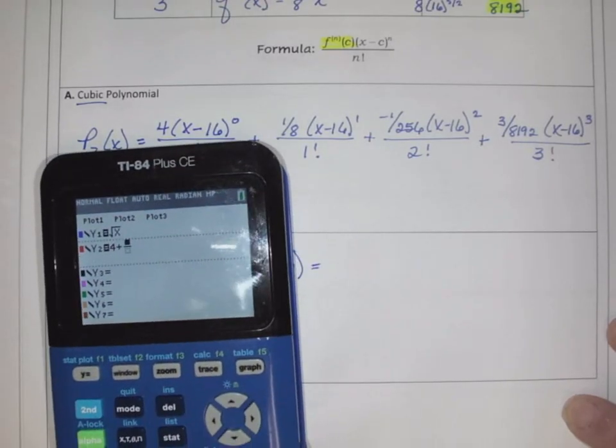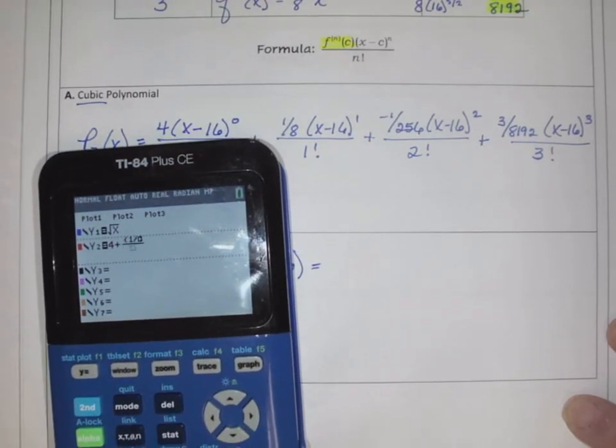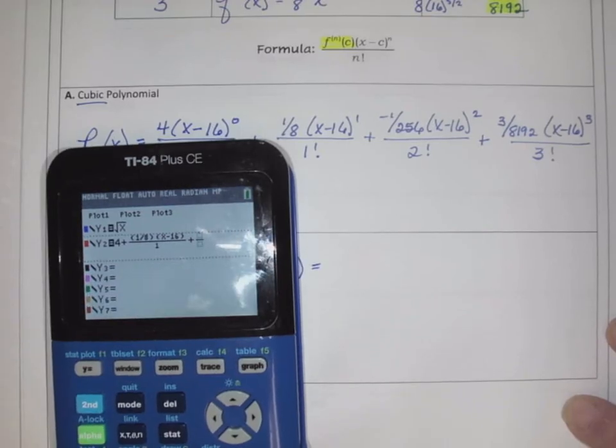So I'm going to do 1/8 times (x minus 16) to the first power over 1, and then plus alpha y equals enter.